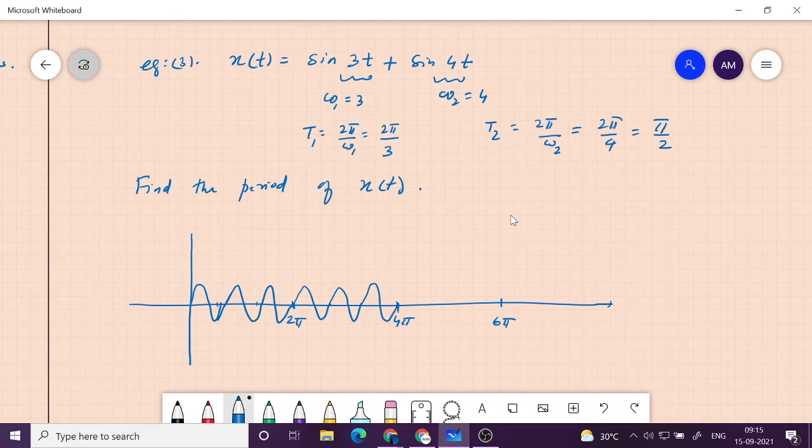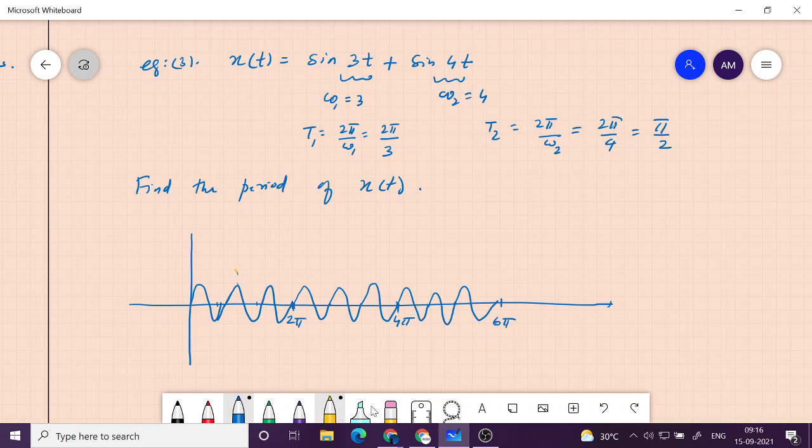So in 2 pi we get 3 cycles, and then this repeats. I am drawing a rough sketch. Now sin 4t, how does it look? We will have 4 cycles instead of 3 cycles.